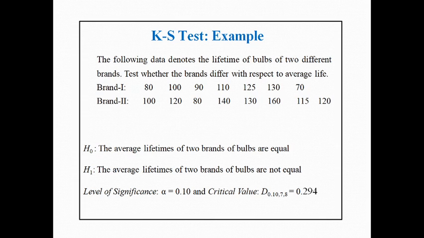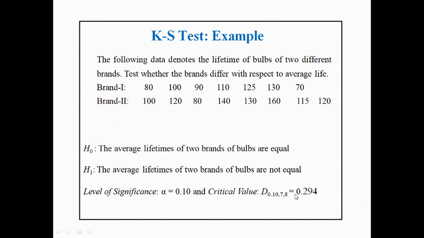Brand 1 has 7 observations and brand 2 has 8 observations. Our null hypothesis is that the average lifetimes of these two brands of bulbs are equal, and the alternative hypothesis is that the average lifetimes of the two brands are not equal. The level of significance alpha is equal to 0.10.